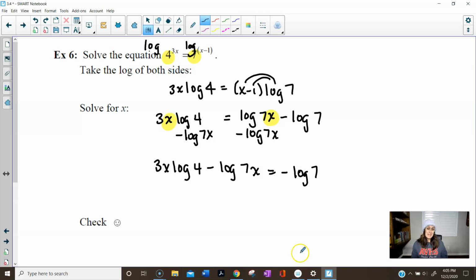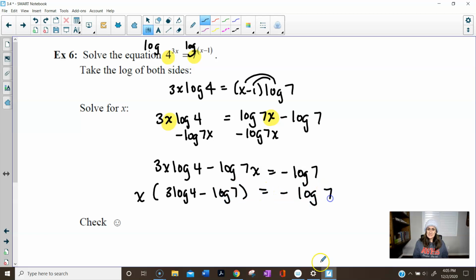You want to think about it for a minute. You can stop the video. What are we going to do? We are going to factor out the x, leaving me 3 log 4 subtract log 7, which equals negative log 7.